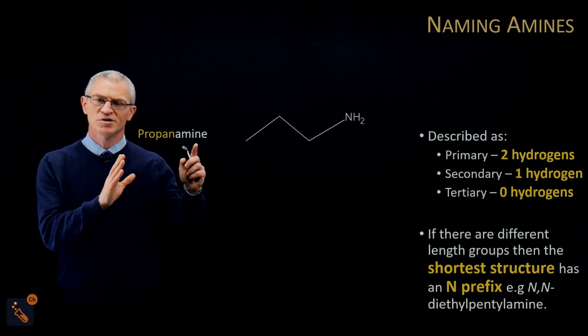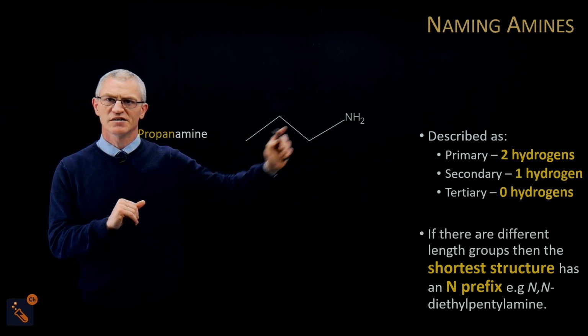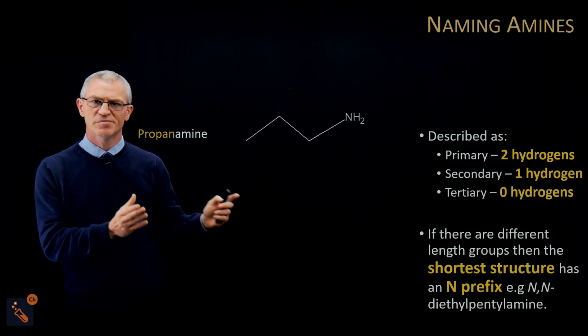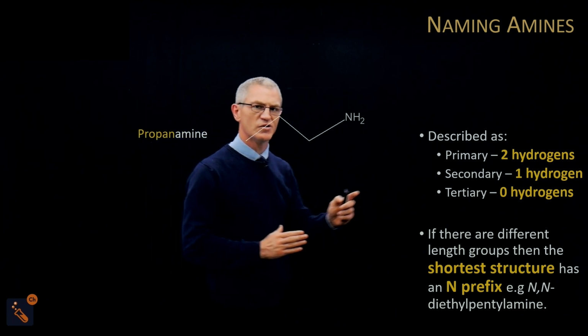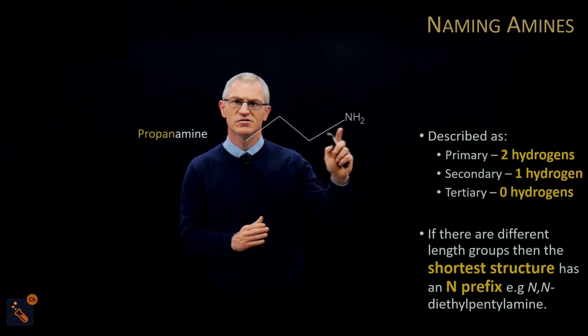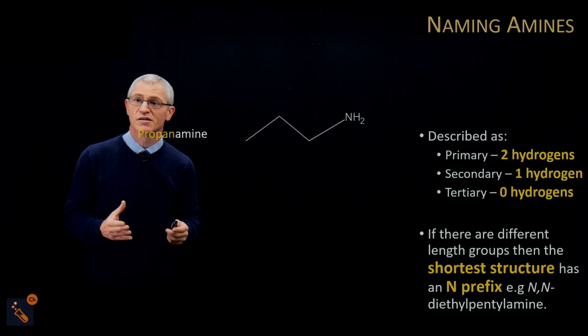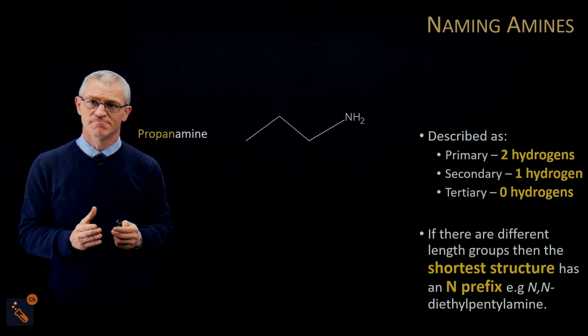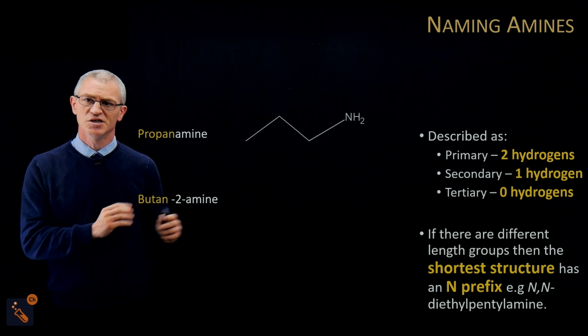So you've got propanamine. So with propanamine, I've got 3 carbons and an NH2. Now if you think about whether it's primary, secondary or tertiary, and we look over here, we can see that primary says it's 2 hydrogens, so therefore this is a primary amine. Then go to the next example, butan-2-amine.